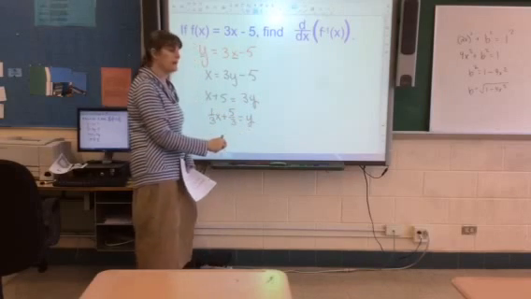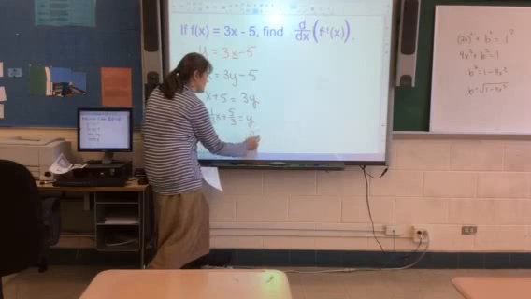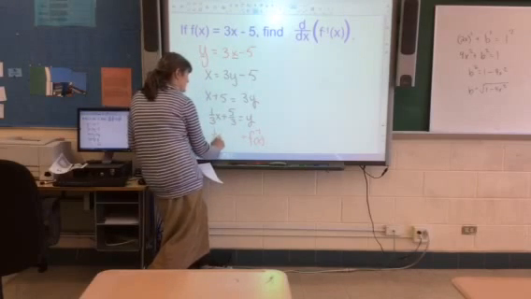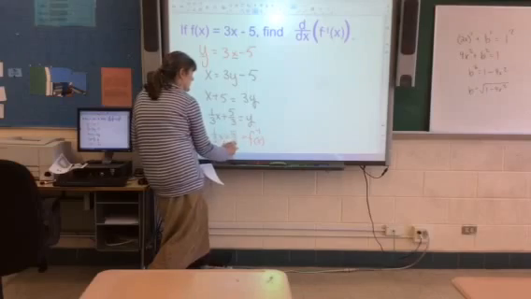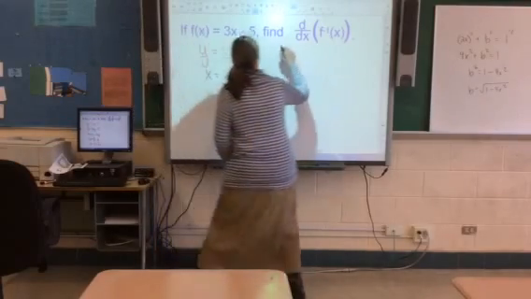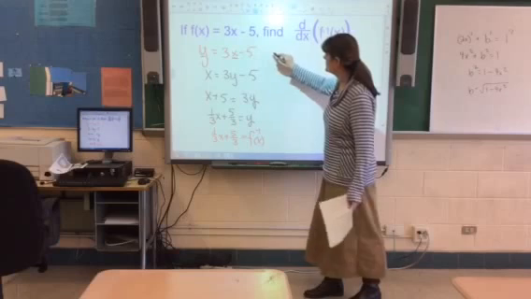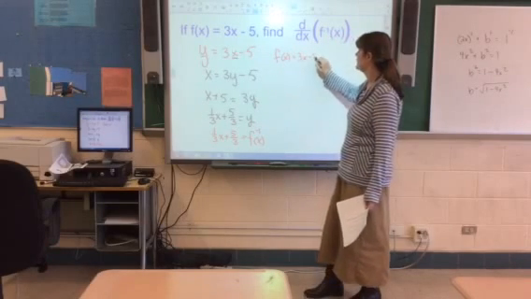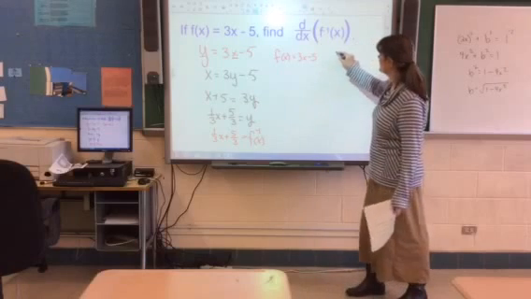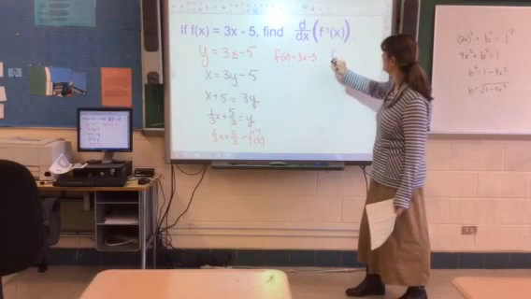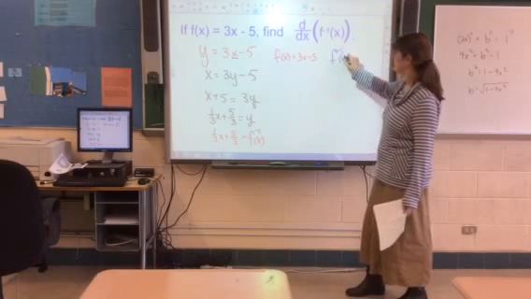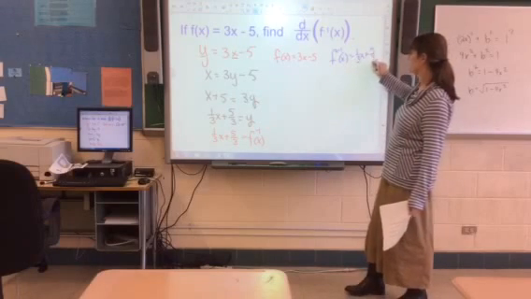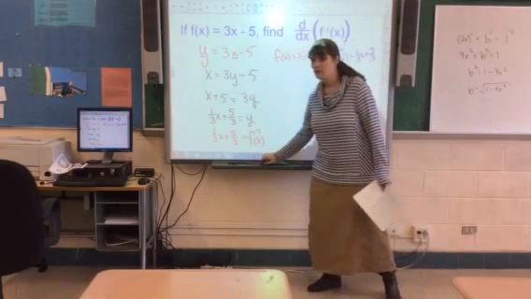We're not going to call it y anymore. We're going to call it by the name of which it is, the inverse. So here is my function, f of x equals 3x minus 5, and my inverse equals 1/3 x plus 5/3.